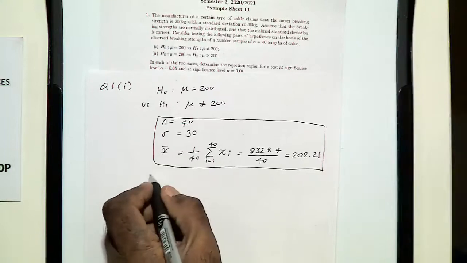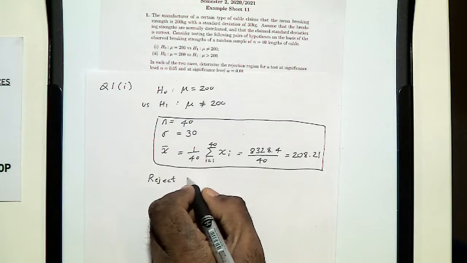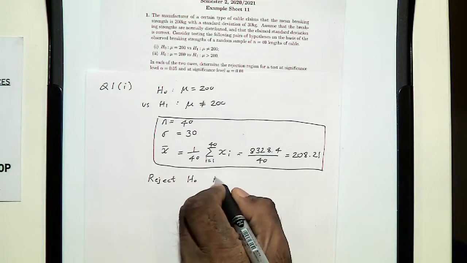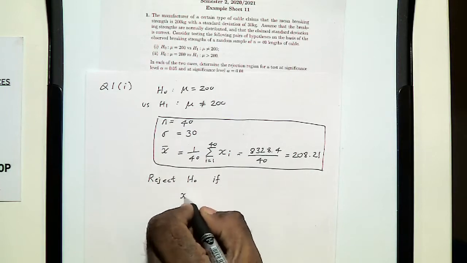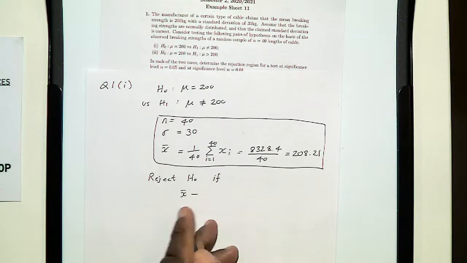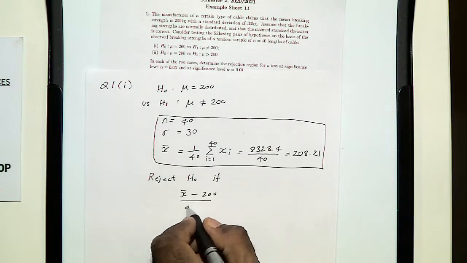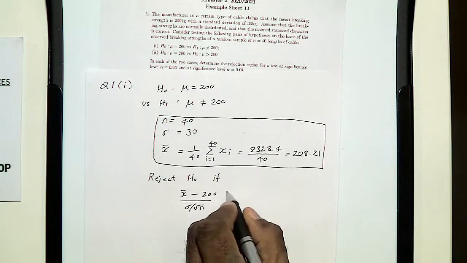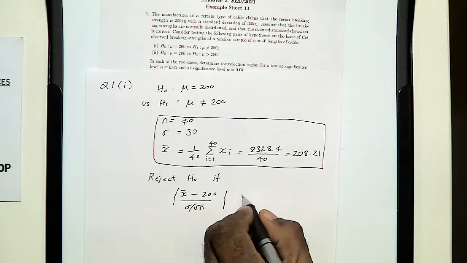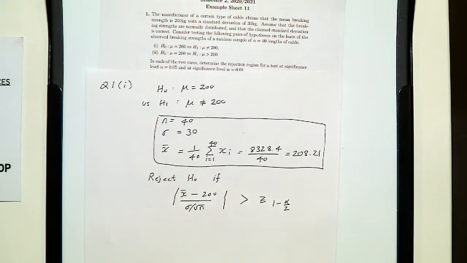Now we reject the null hypothesis if, if you look at the rule that I just showed you a few minutes ago, x bar minus mu 0, which is 200, divided by sigma by root n, is greater than this. This is the rule that we're going to use.